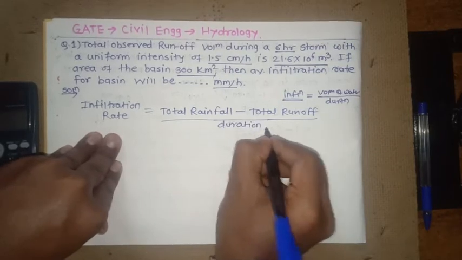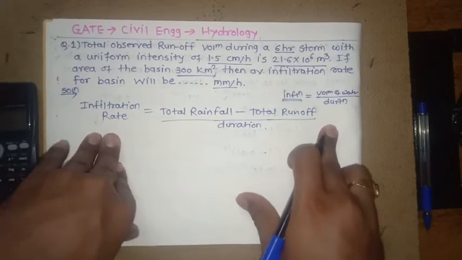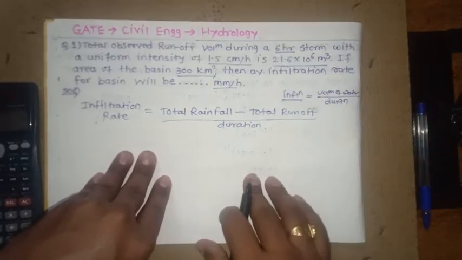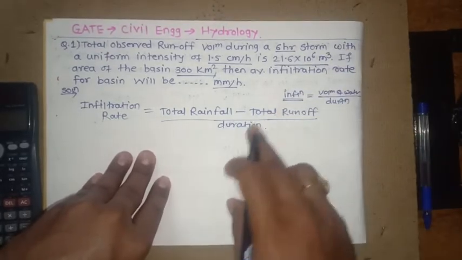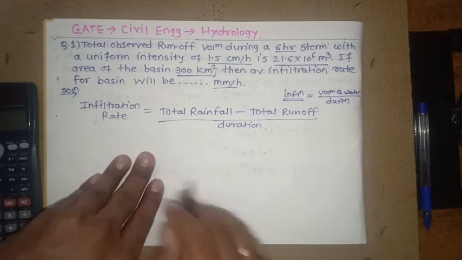Okay, so rainfall minus runoff, it is nothing but a total quantity of water that is percolating, divided by duration. So that is infiltration rate.